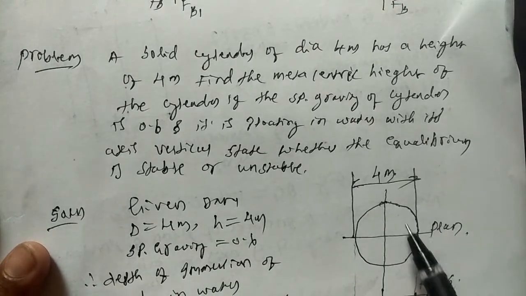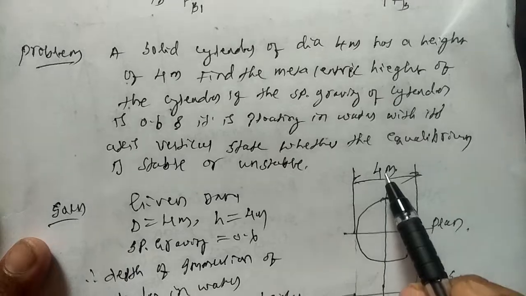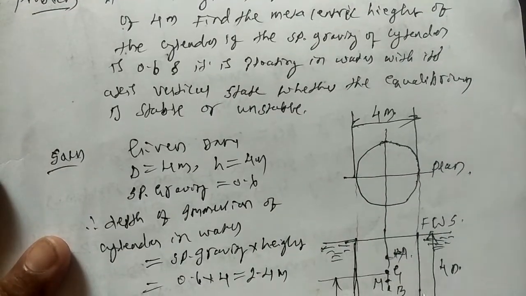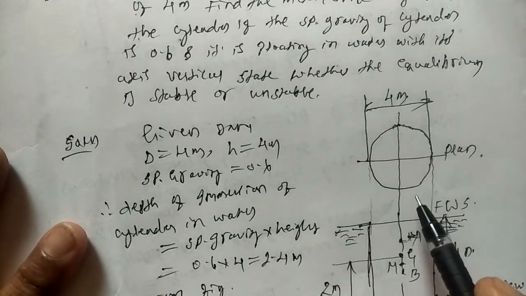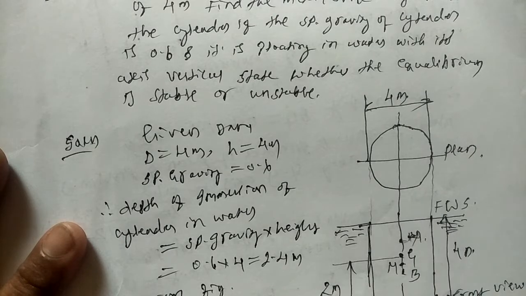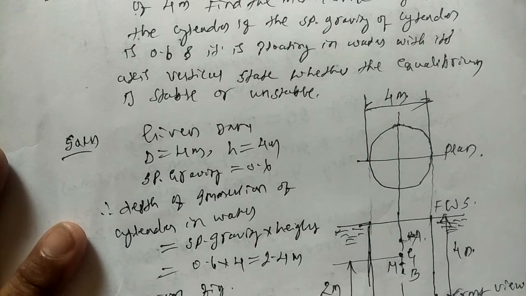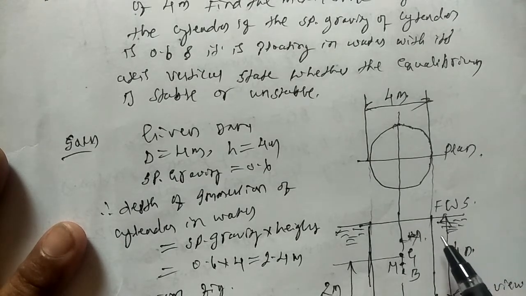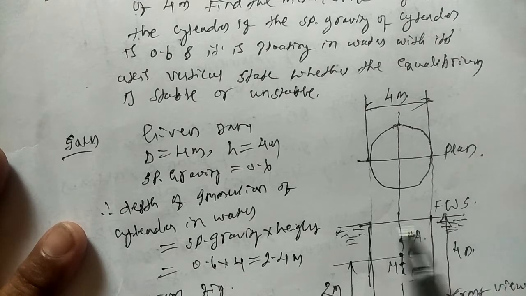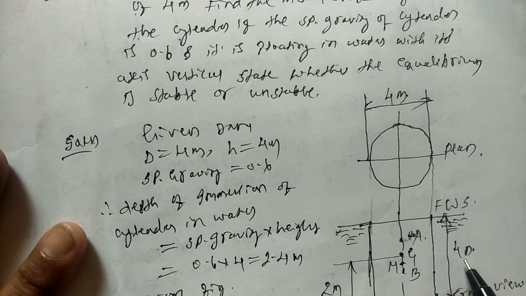Draw a circle in the plan with its diameter 4 meter, and its depth we can see in the front view or elevation. Here it has a specific gravity 0.6, so this is below the water. Above the water it floats a certain portion and the remaining portion is immersed in the water, and its length is 4 meter.